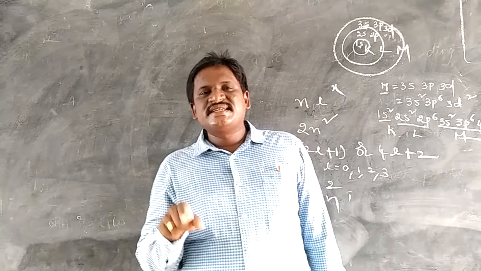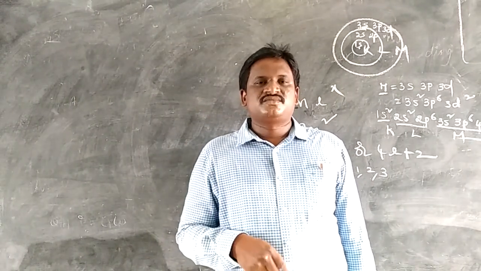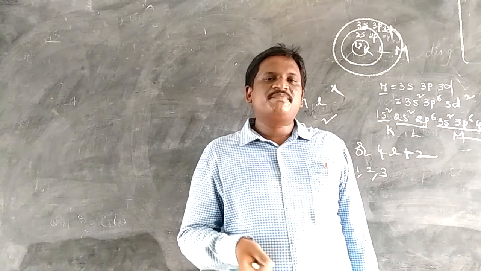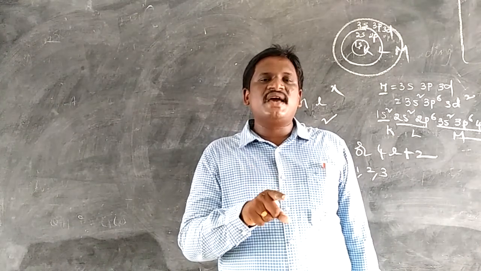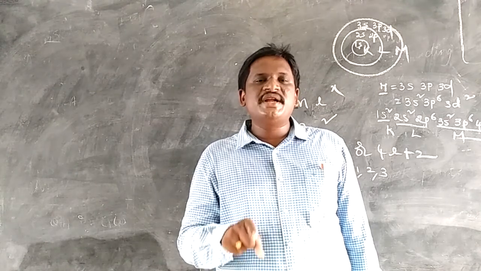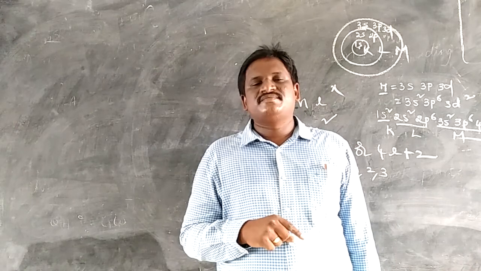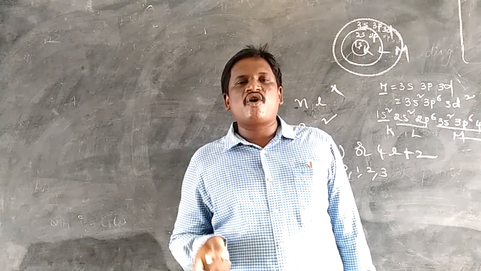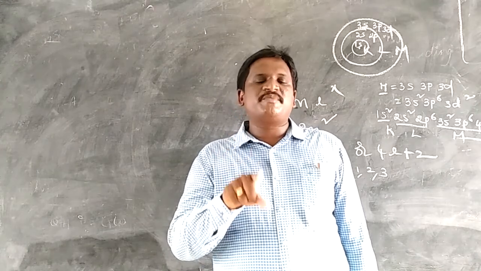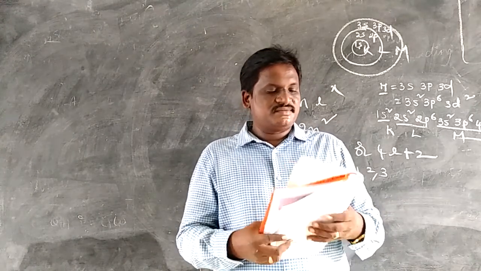Orbitals are designated by s, p, d, f and so on. Third point. In orbits or shells, the maximum number of electrons that can be accommodated in any shell is given by the formula 2n squared. The maximum number of electrons in any orbital is 2. 3 points. Next.